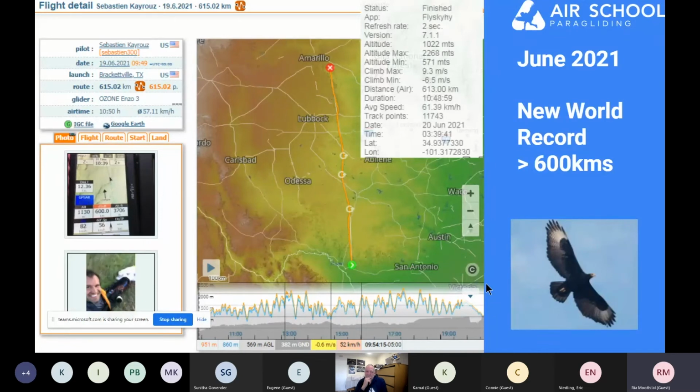I'm very, very sure of it. Just on that, there was the first person to break 500 kilometers. This was done in 2008 by a pilot named Neville Hewlett from South Africa, from the Garden Route. He took off in the Northern Cape in Dar and flew to Lesotho.